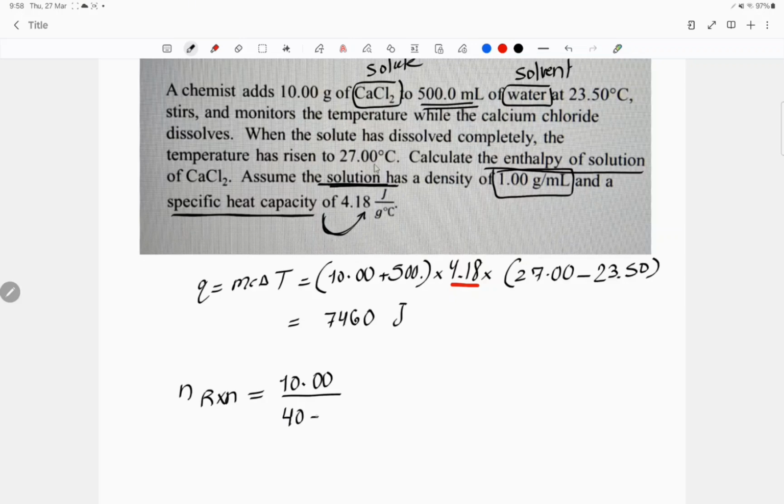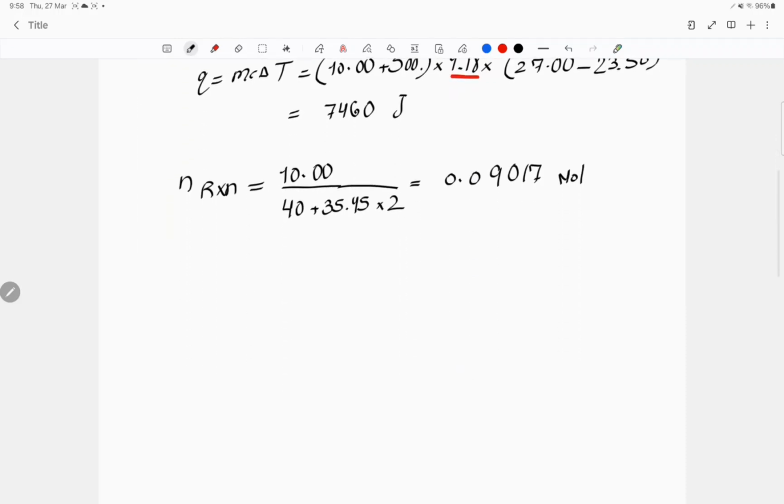Ca is 40 and Cl is 35.45, but there are 2 of them, so 35.45 times 2. Now I got 0.09017 mole.